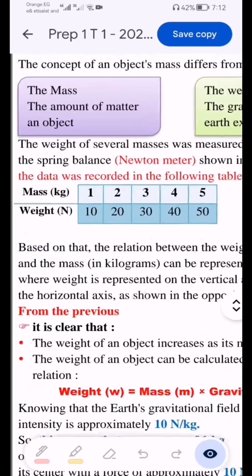We have some objects. Mass of the first object is 1 kilogram. So the weight will be what? We said each kilogram is affected by 10 Newton on the Earth only, okay? Because the gravitational force differs from one planet to another or one place to another. Each kilogram is affected by 10, so the weight will be what? 1 by 10 equals 10 Newton.